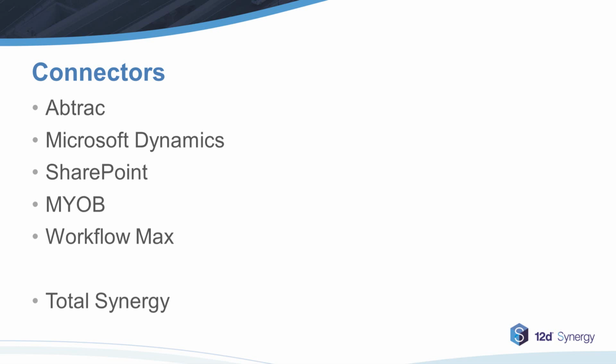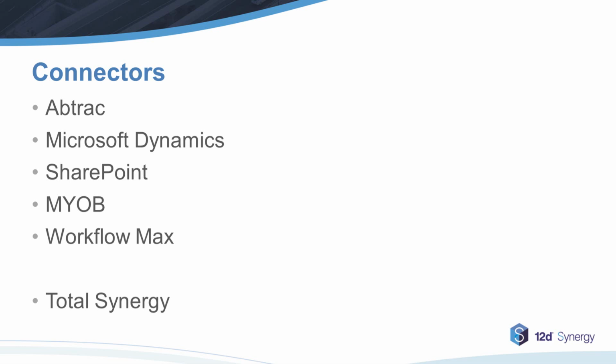The idea is that you can automatically import information stored in other products into 12D Synergy, saving you time and reducing errors. In the past, we have developed connectors for AppTrack, Microsoft Dynamics, SharePoint, MYOB, and Workflow Max. And now today, we're announcing the Total Synergy Connector. You can learn more about all of these on our website, www.12dsynergy.com.